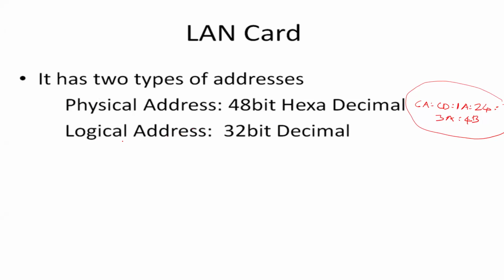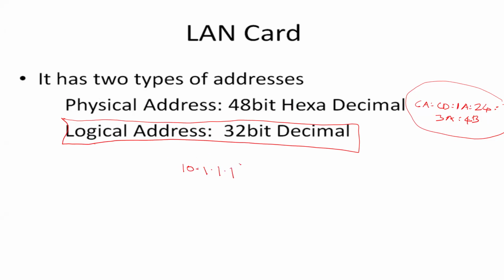And one more address we can give to this LAN card, that is the logical address, also known as IP address. It's a 32-bit decimal address. We can represent that like 10.1.1.1. It's an IP address. See, we are using a mobile phone, right? We have a SIM card inserted in it, so we would have a number also.